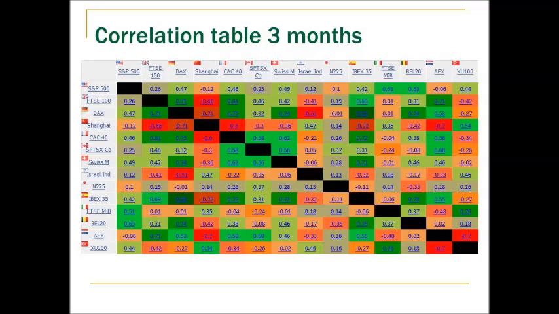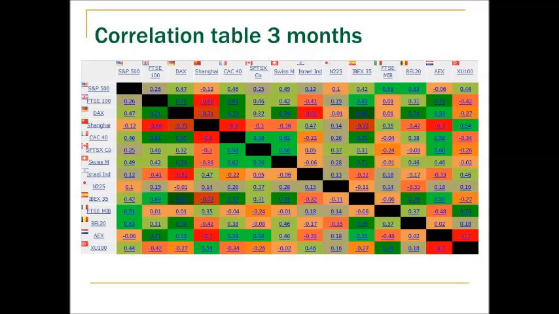This would be the Chinese market versus the rest of the stock exchanges. While the Turkish index, the XU 100, which is the last column, seems to be less correlated with the others, and maybe also the Israel index.